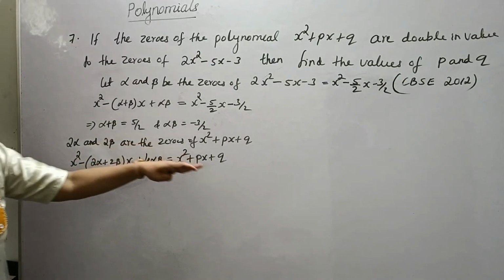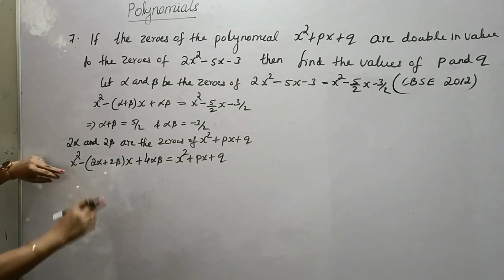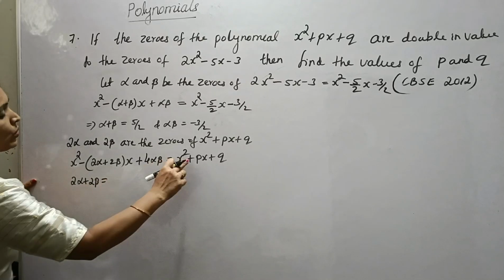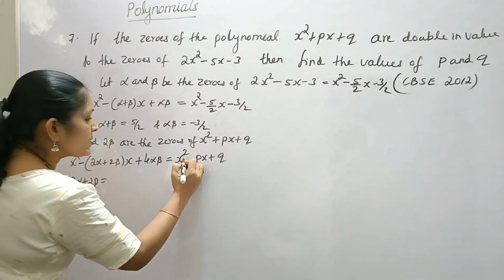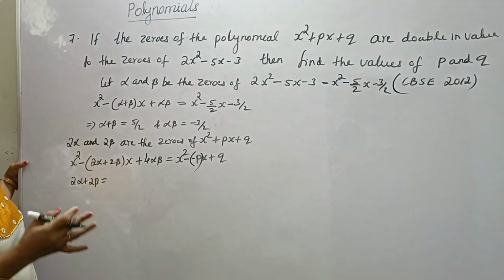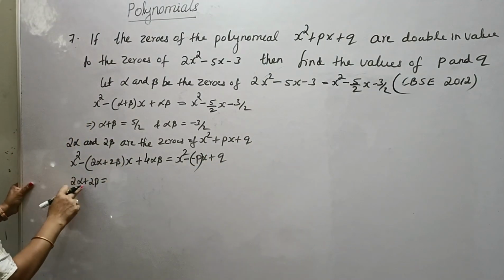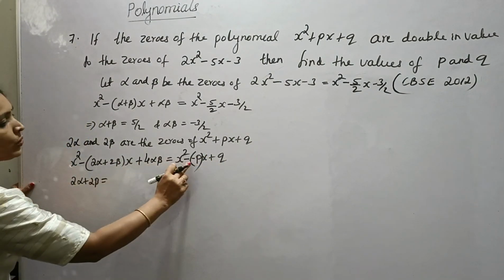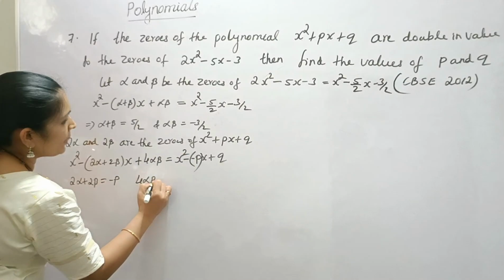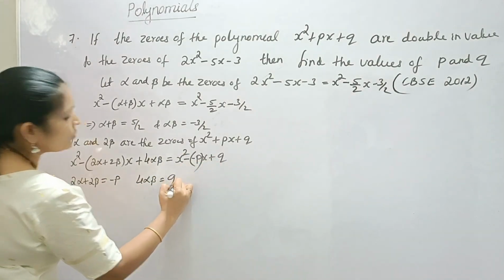On comparing these two polynomials, we get 2 alpha plus 2 beta equal to minus p, taking the minus outside, and 4 alpha beta is equal to q.